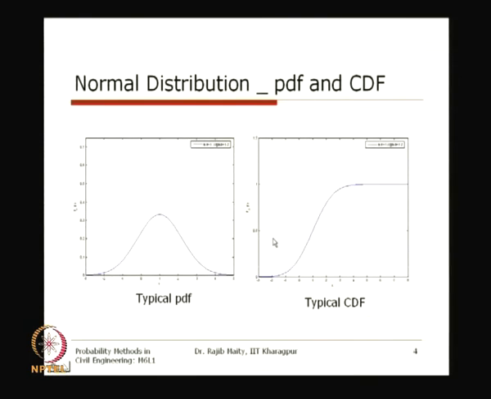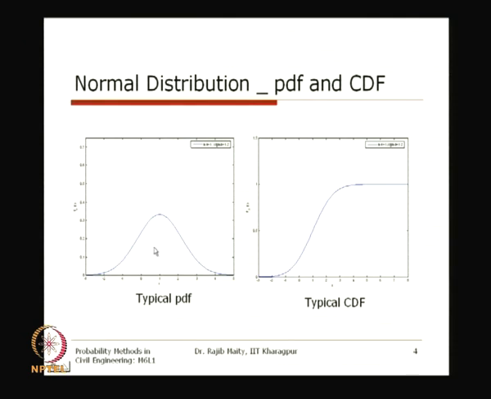Here the mean is at 1, and at this mean the value of the probability density function is maximum. If we don't change sigma, the overall shape of the curve will not change, only that depending on the mean, the curve will be relocated or shifted.